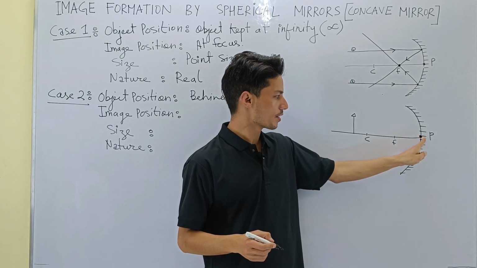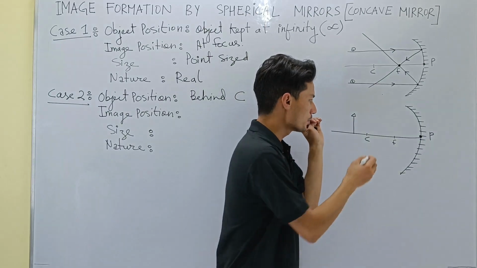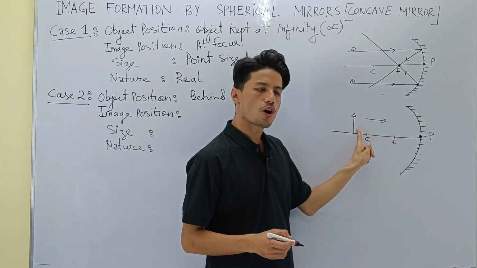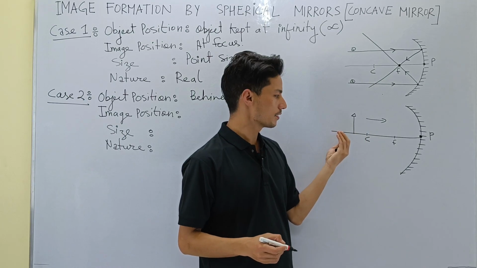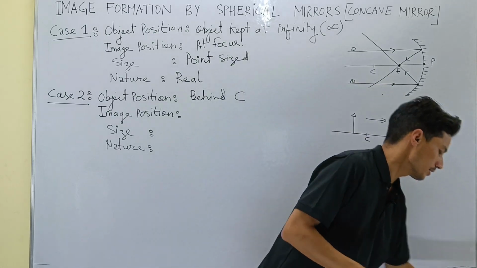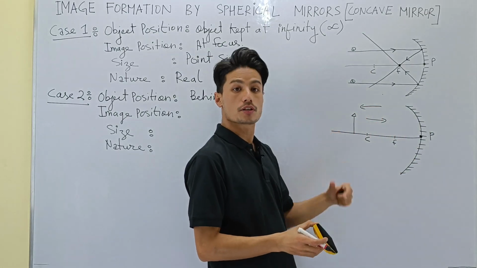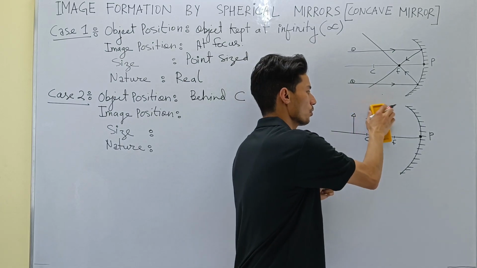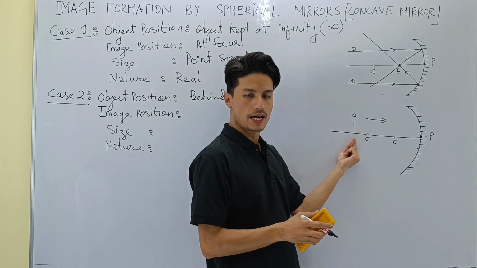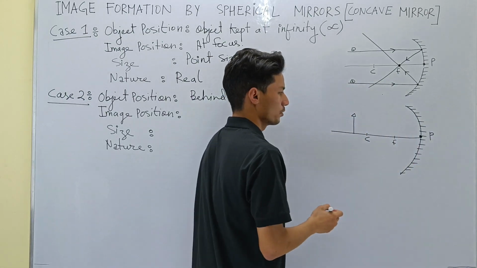Because we consider the pole to be the front, so we are looking in this direction, that's why this object is behind C. If we were looking the other way, it would not be called behind C, rather it would be called in front of C. But since we are facing this way, this position is called behind C.